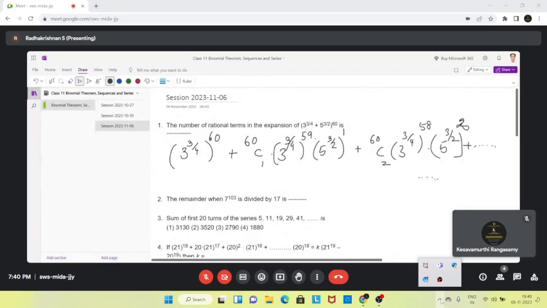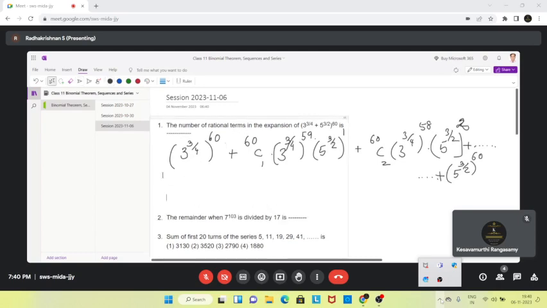The last term will be 5 to the power of 3 by 2 to the power of 60, that is 60C60. The first term is 60C0, and I'm leaving out the coefficient because it equals 1. So this is the binomial expansion.